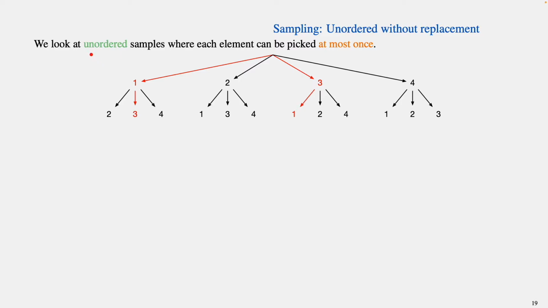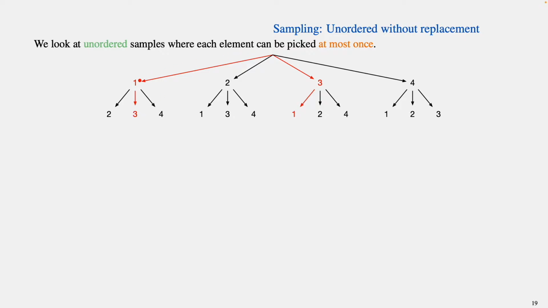So now we look at unordered samples where each element can be picked at most once. And yeah, here we have the following situation. We can pick 4 elements in the first step and then 3 elements in the second step, but we have different ways of picking equivalent paths.